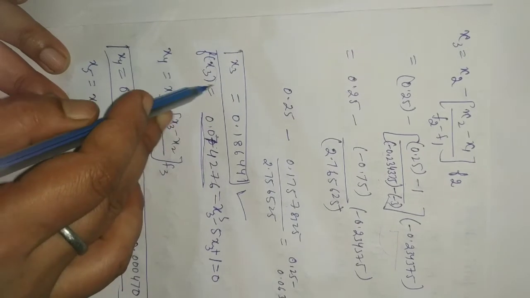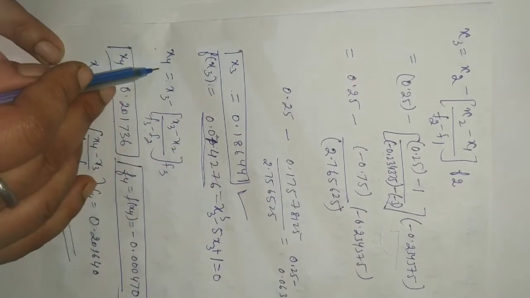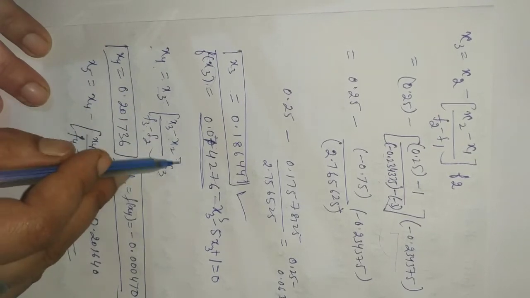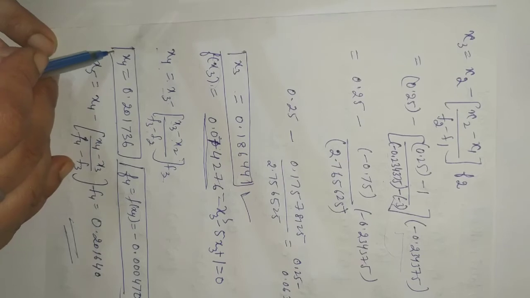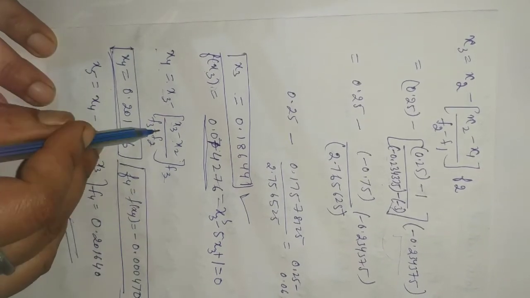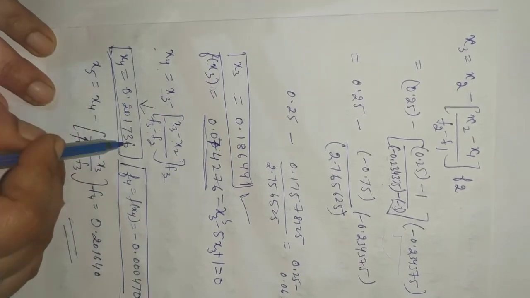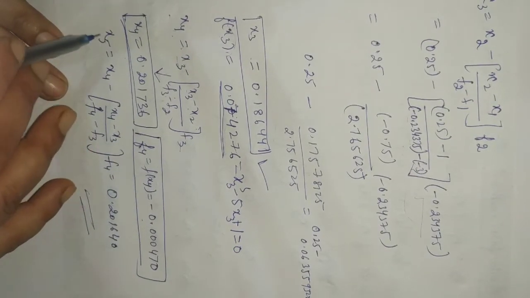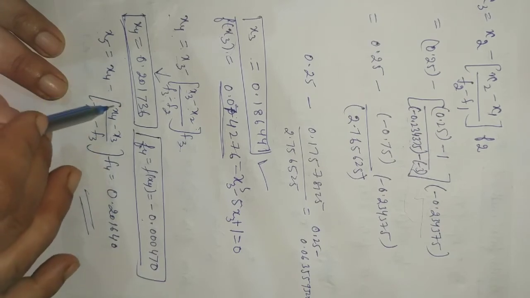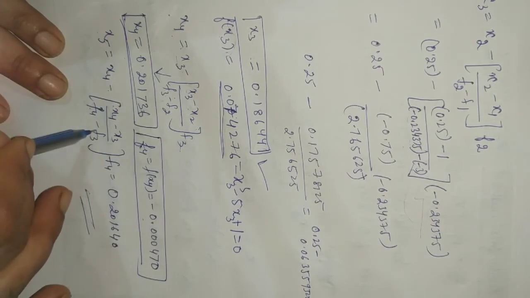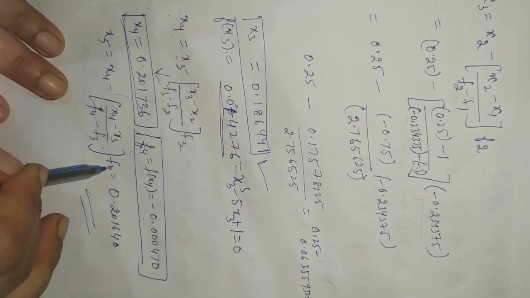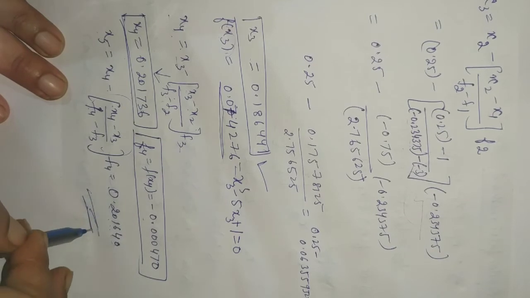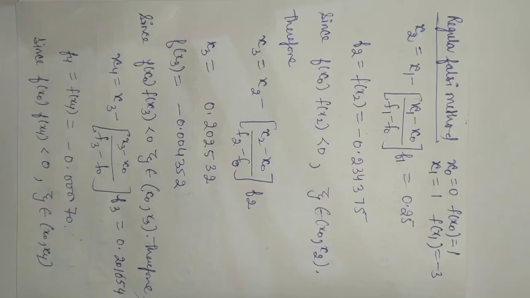Again, using these two values in the next approximation, x4 equals x3 minus (x3 minus x2) over (f3 minus f2), into f3, we get x4 equal to this. After solving this, we get x4 and f4. Then x5 is x4 minus (x4 minus x3) divided by (f4 minus f3), multiplied by f4, which is equal to 0.201640. This solution is from the secant method.